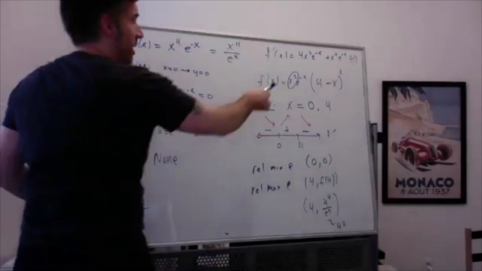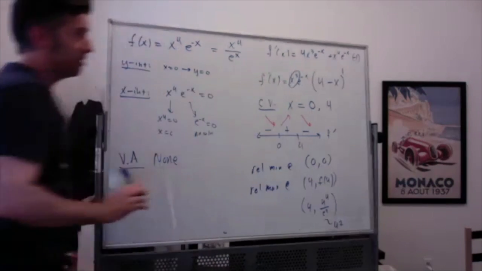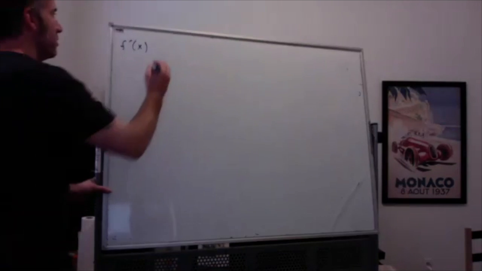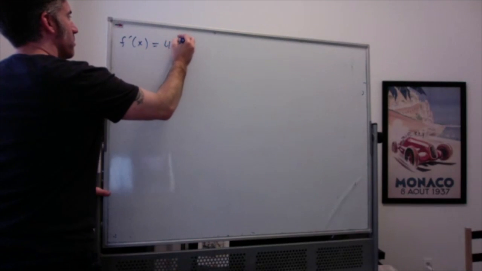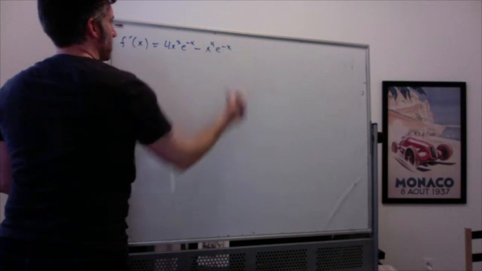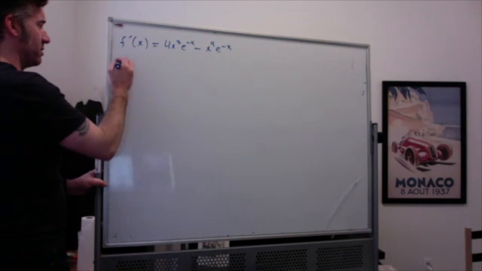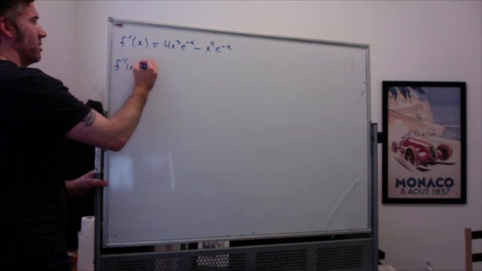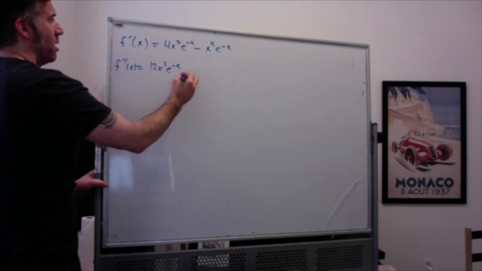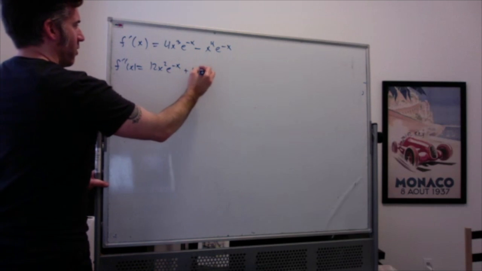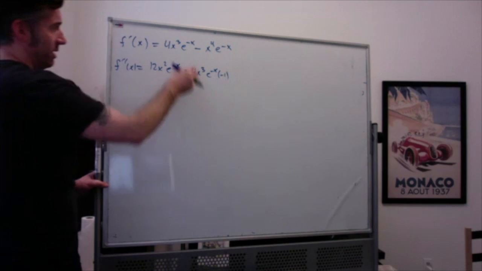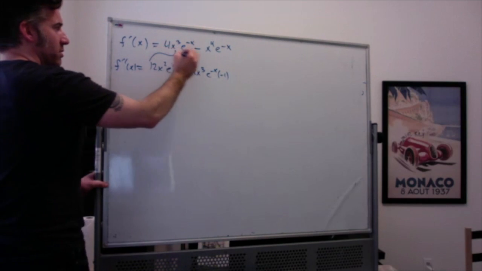So my first derivative is 4x cubed e to the negative x minus x to the fourth e to the negative x. I'm going to take the derivative of this, using the product rule twice. This would be 12x squared e to the negative x plus 4x cubed e to the negative x times negative 1. That's the derivative of just this part.